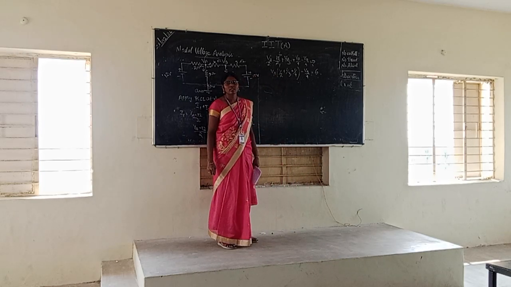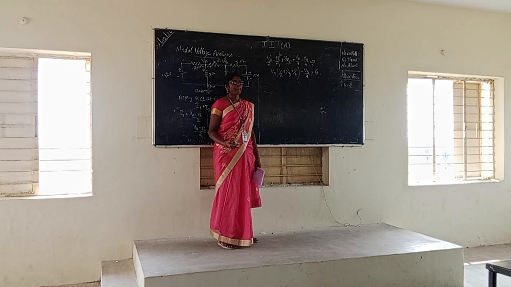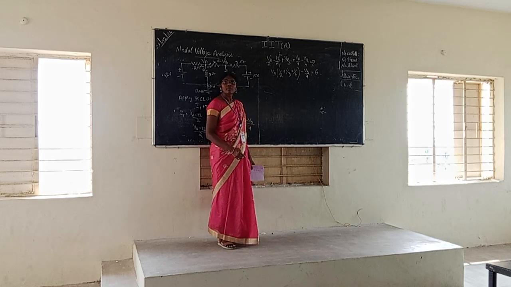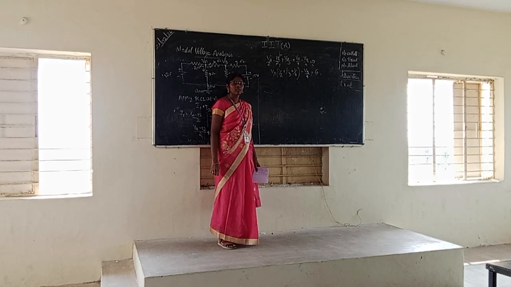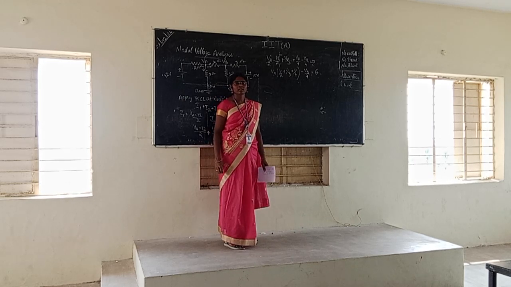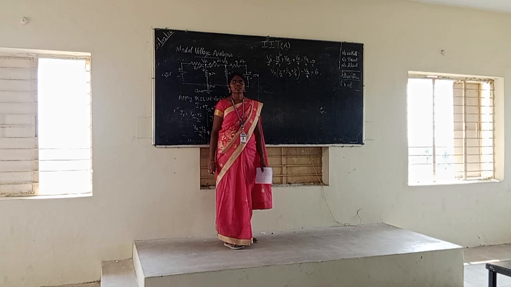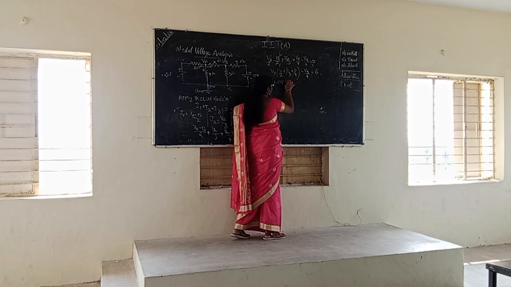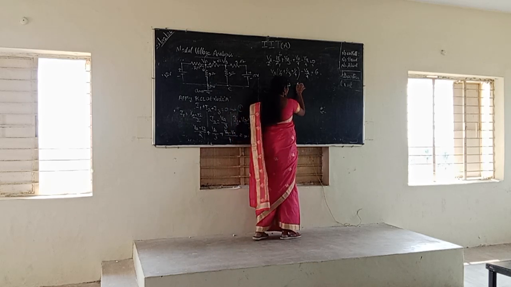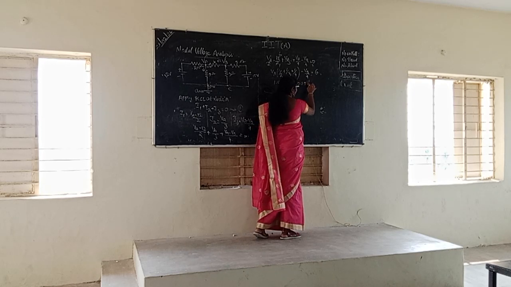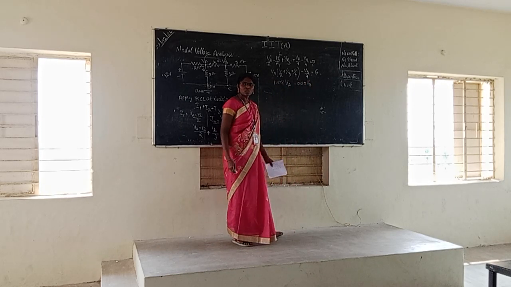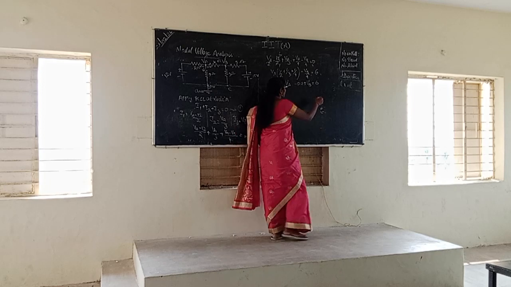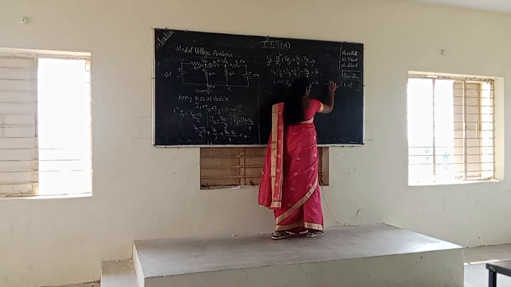VA into how much is it? 13 by 12, divided, 1.08 VA minus 1 by 4 VB. 1 by 4 is 0.25, right? VB is equal to 6. So take this as equation number 2.